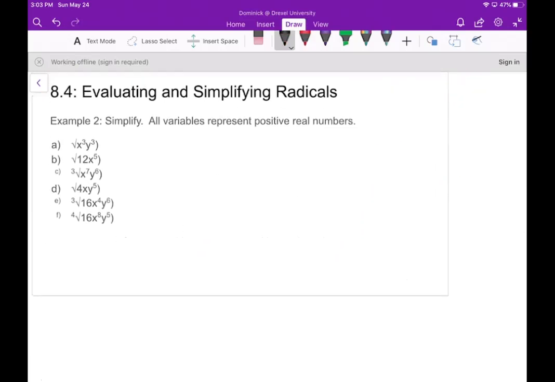So in part A, we have the square root of x to the third, y to the third. First of all, let's separate these. So we get the square root of x to the third, the square root of y to the third. Now, if we convert these to fractional form, we're going to get x to the 3 over 2 times y to the 3 over 2. Now, 3 over 2 as a mixed number is 1.5.